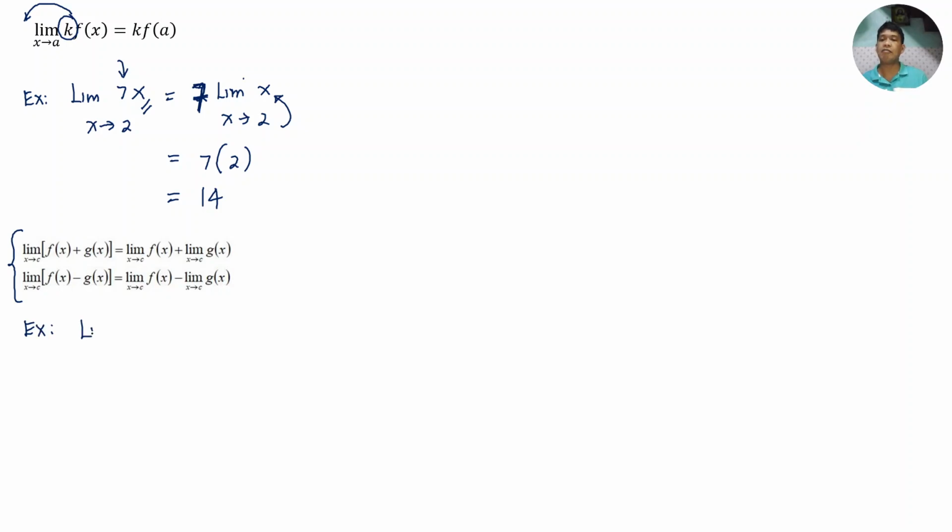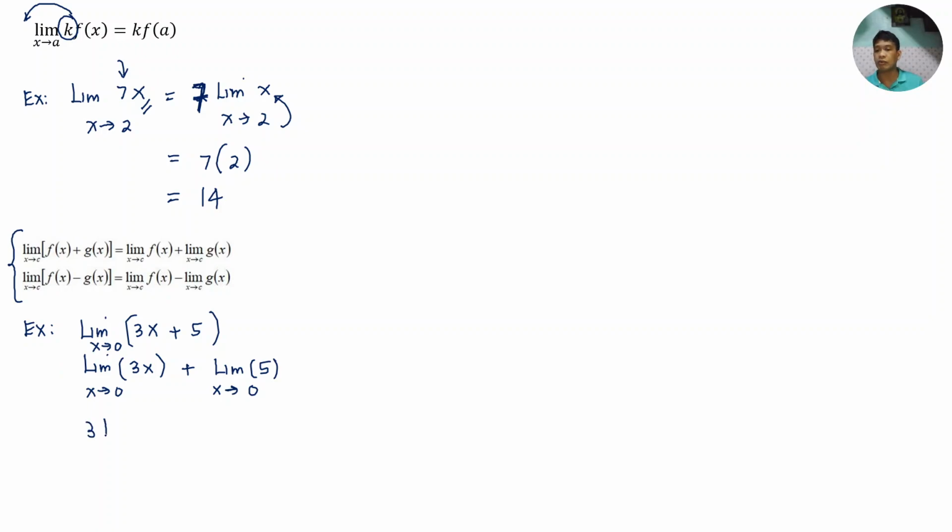If I have here limit of 3x plus 5, we will have here limit of 3x plus limit of 5, as x approaches, say, 0. Since in 3x, 3 is a constant, I can put that outside.